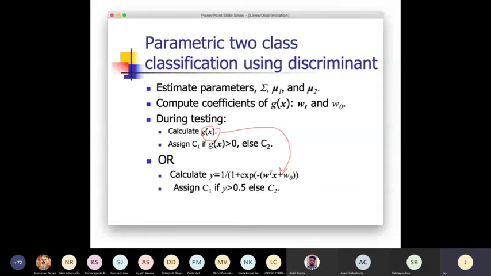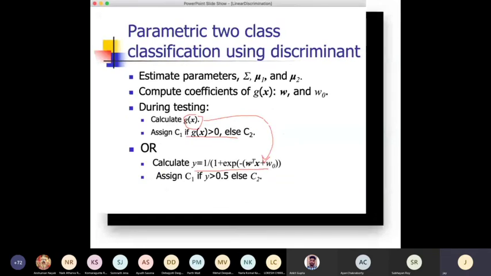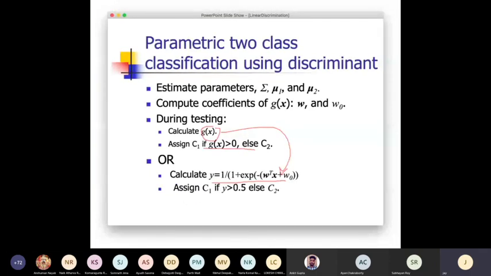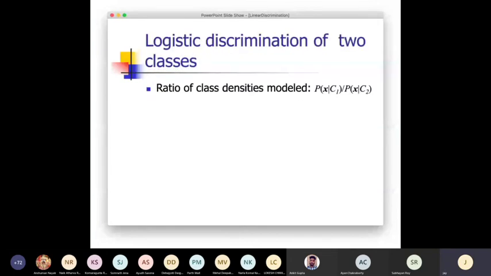In the other case you are not computing the posterior, you are simply computing the sign of the discriminant function. But here you are computing the posterior with this model. And then if you find it, you can assign C1, and then use the same policy that we discussed. So this is the logistic discrimination of two classes.